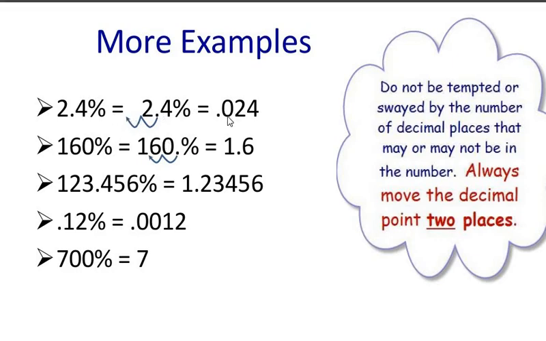Here it will be 24 thousandths. Here it will be 1 and 6 tenths. Here you will move it to the left again, so it will be 1 point, and you can read the number.